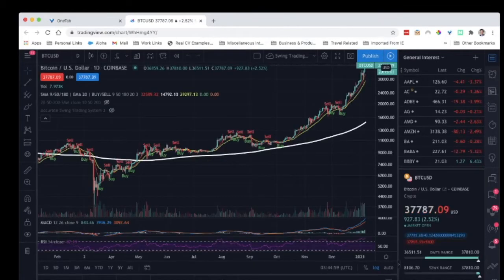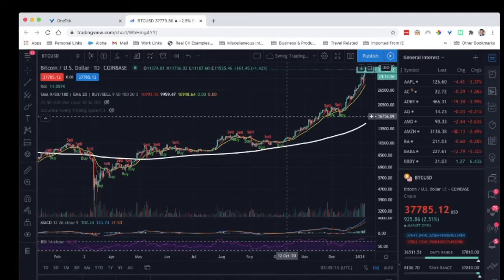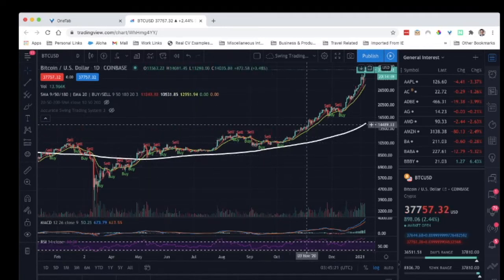Bitcoin is at an all-time high of almost $37,800 at the moment. And it is a remarkable thing to see because we've literally gone above the 200-day moving average. This white line over here is a 200-day moving average. We touched over it back in May and then haven't gone that way again. We've just been well above the 200-day moving average.